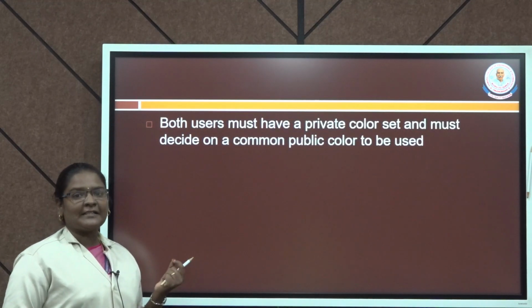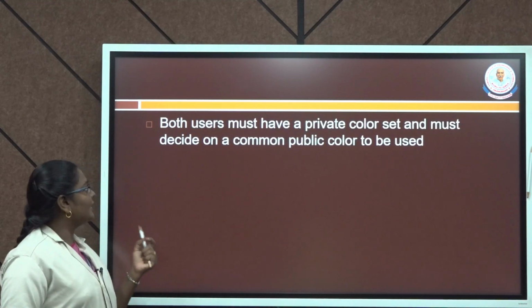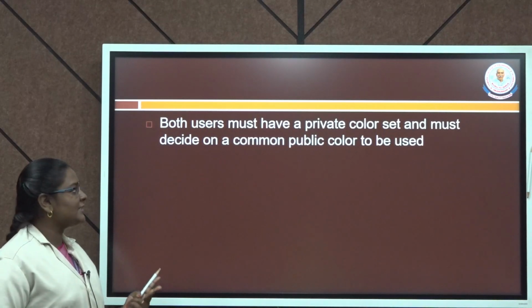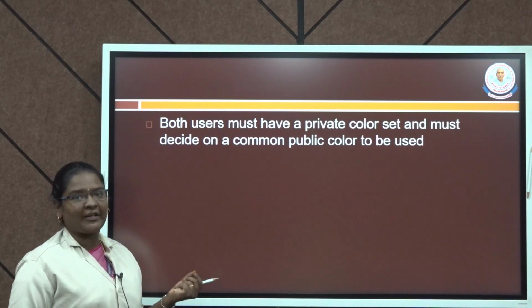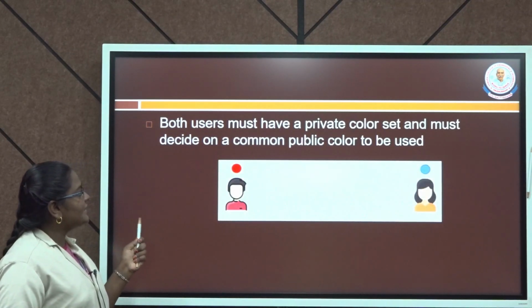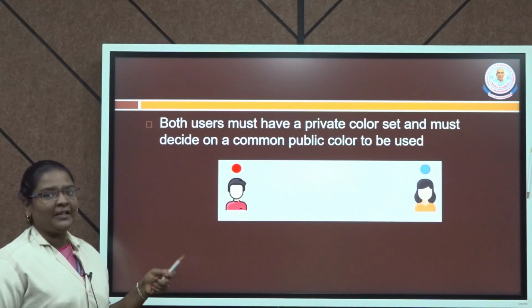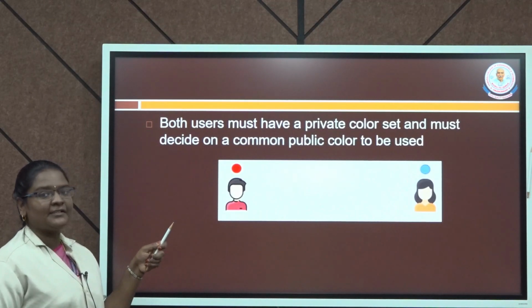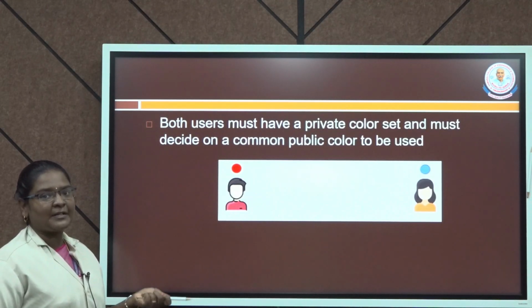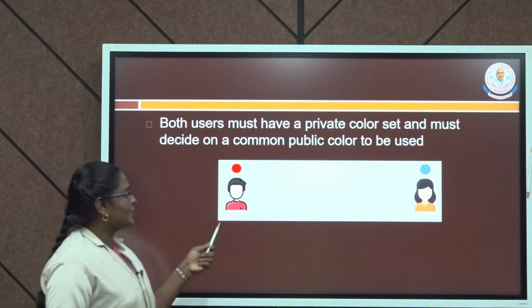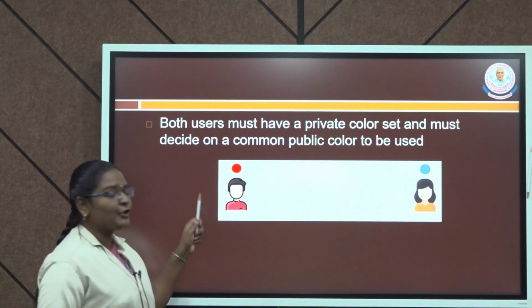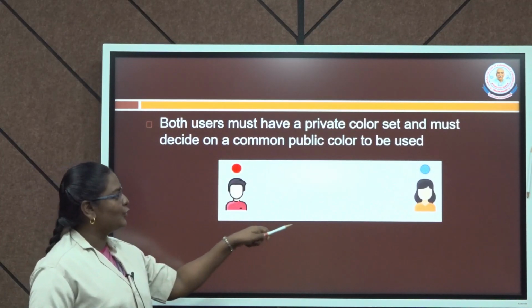So let's explain with an analogy. We have two users, both of whom must have a private color set, and they must decide on a common public color set to be used. That public color set is used for further communication between the users. So there are two persons, sender and receiver, having unique colors, red and blue.